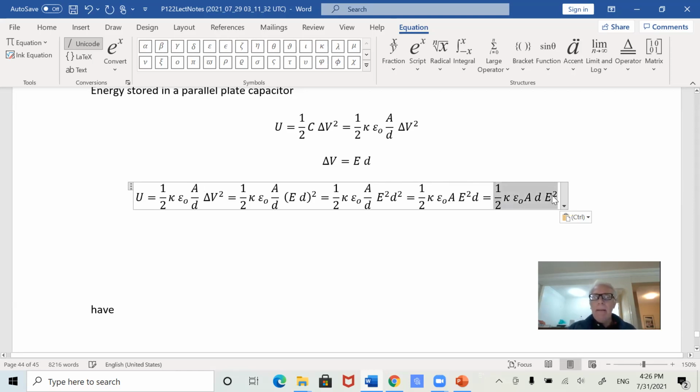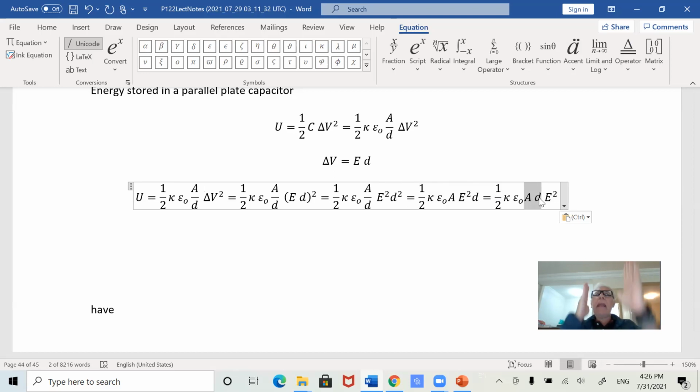Here you go. A times D is what? It is the volume between the two plates of the capacitor. Both plates of the capacitor have an area A, and they have a separation D. So A multiplied by D is the volume of the capacitor.